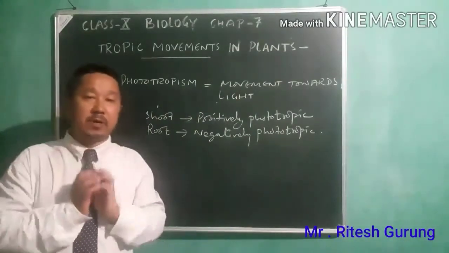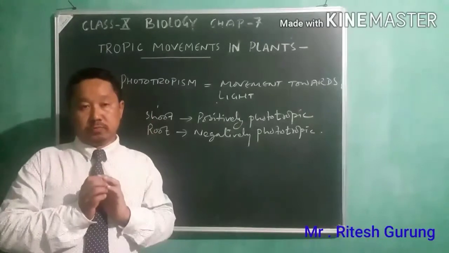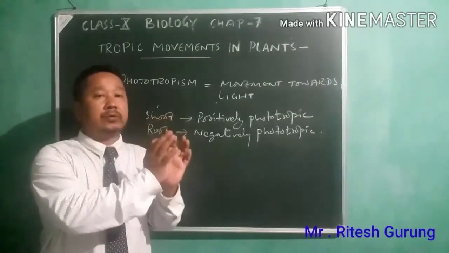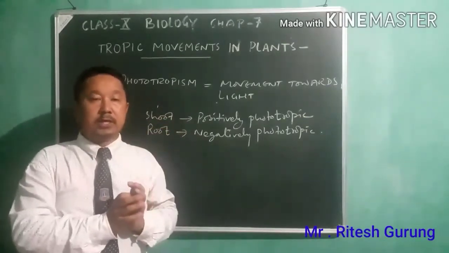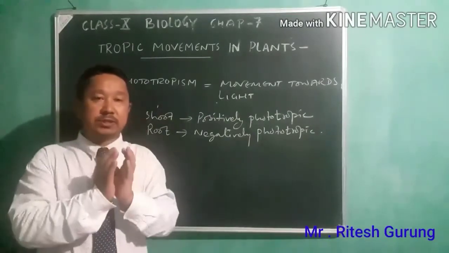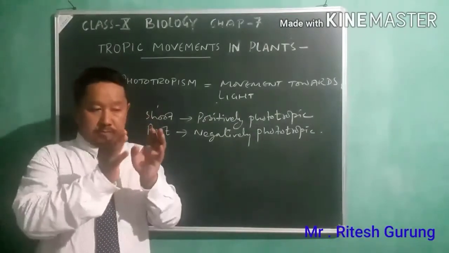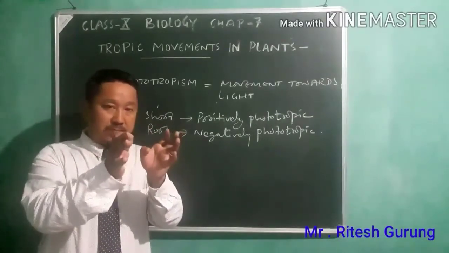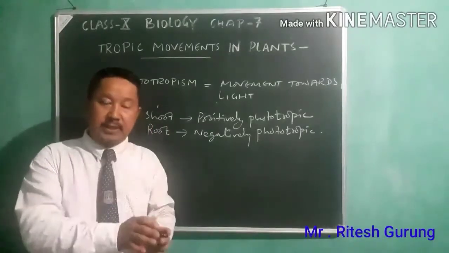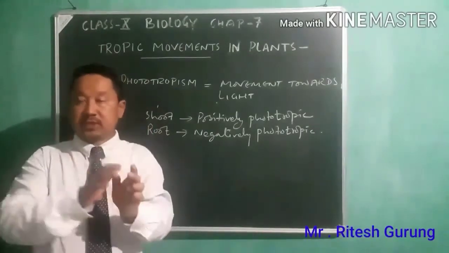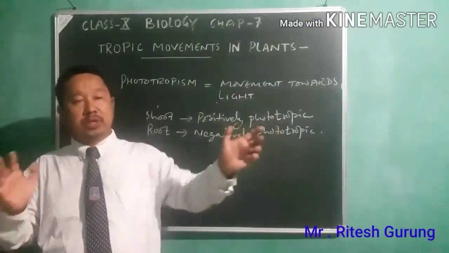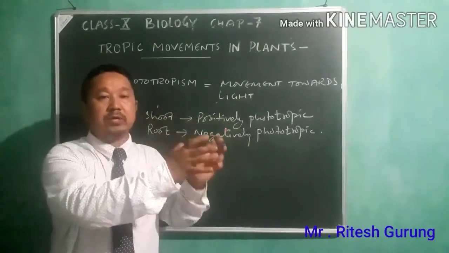You can even see a potted plant. You just keep a potted plant there in a room, keeping only one window of the room open. So what happens is that suppose the shoot system of the potted plant which you have been keeping there in the room has in the beginning the shoot system facing the other side, okay, away from, not opposite to the window.